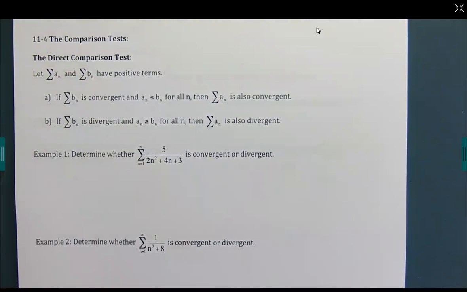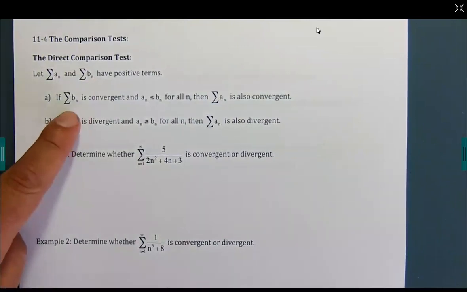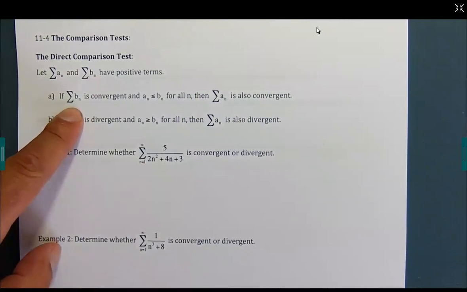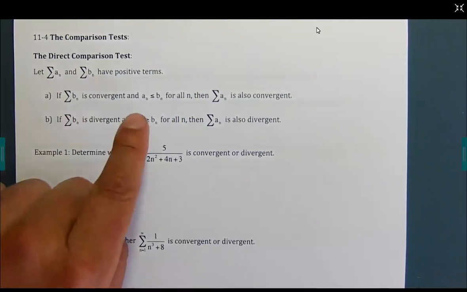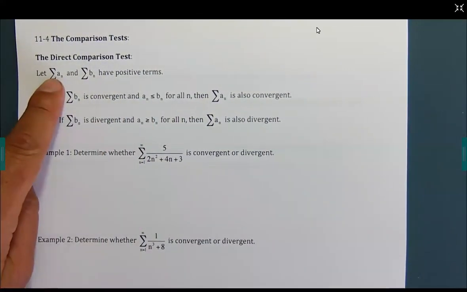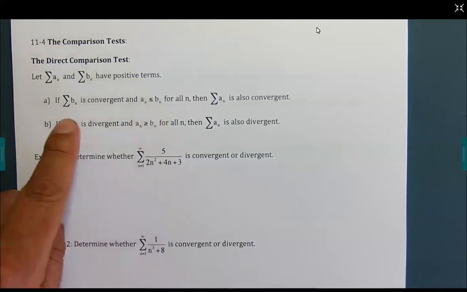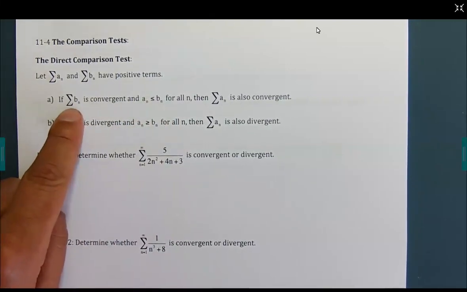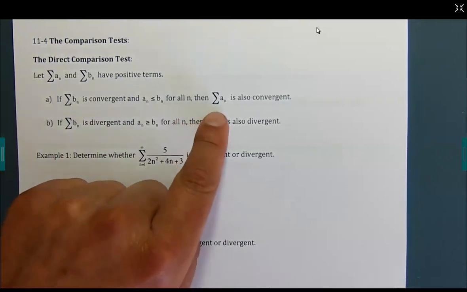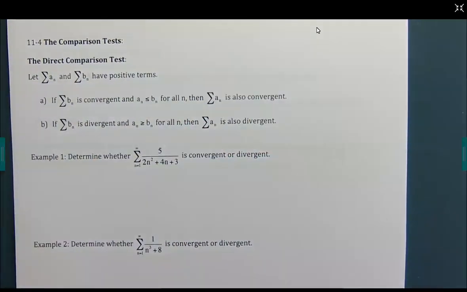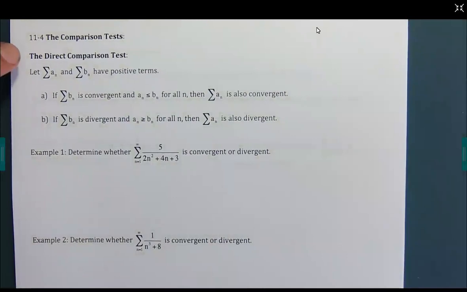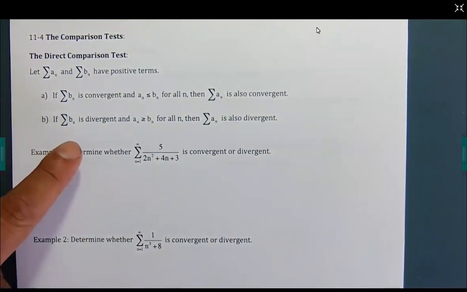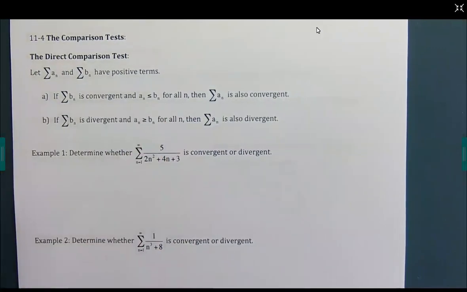If it is a good comparison, then if our comparison series is convergent and all of the terms of our original series are less than our new series for all n, then this one will also be convergent. This is what's called the direct comparison test, meaning we're directly comparing the terms themselves.